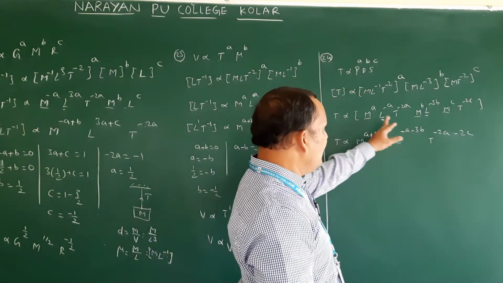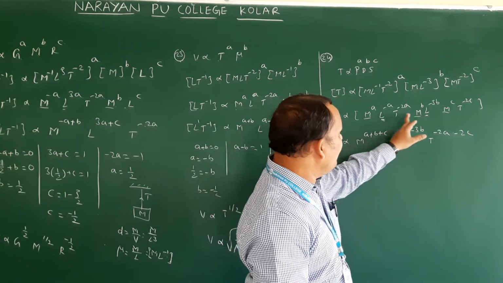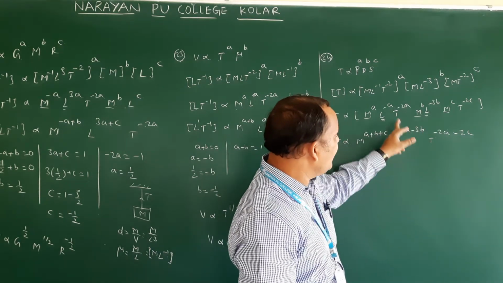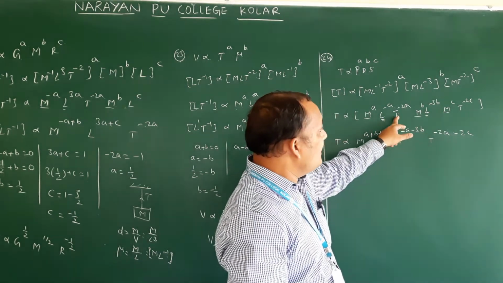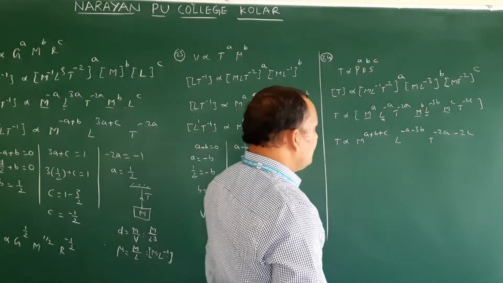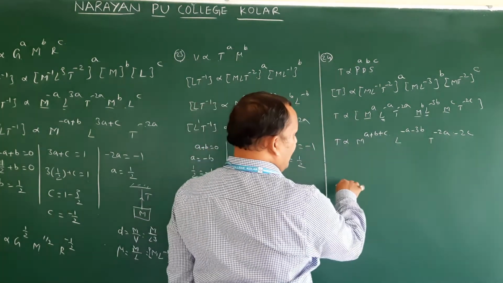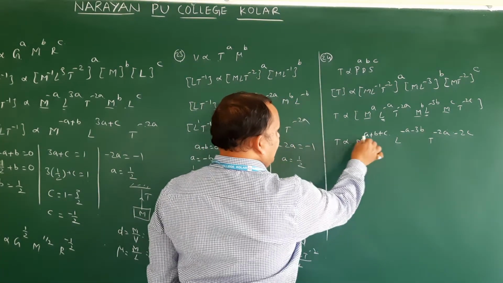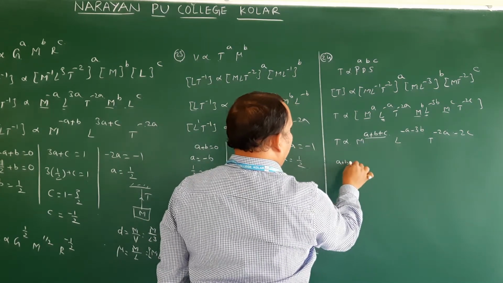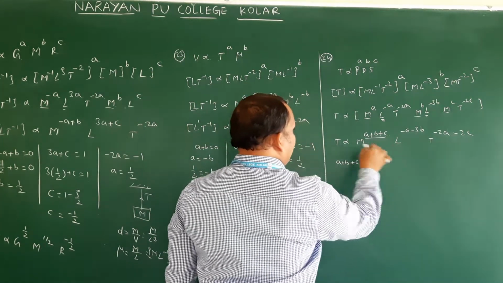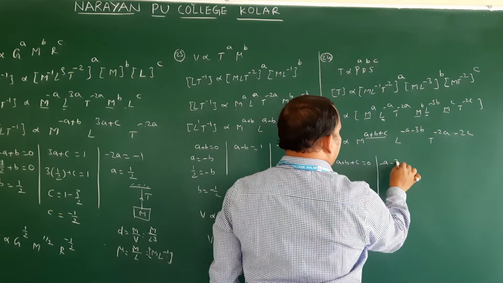See, all the terms came with M or L only. Okay, all the terms will come. Otherwise we won't get the relation here. Here m is not there. Therefore this one is going to become 0. L is not there.